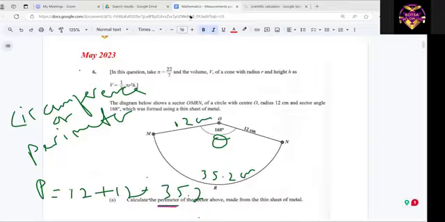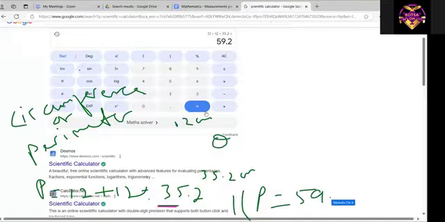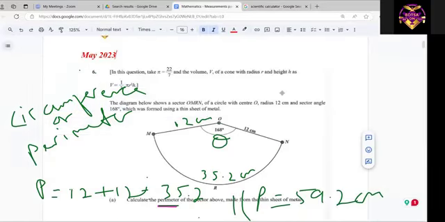So heading back to the calculator, that is 12 add 12 add 35.2. So I am getting for the perimeter 59.2 centimeters. I don't think they set anything wrongly here. No, I see nothing wrong.